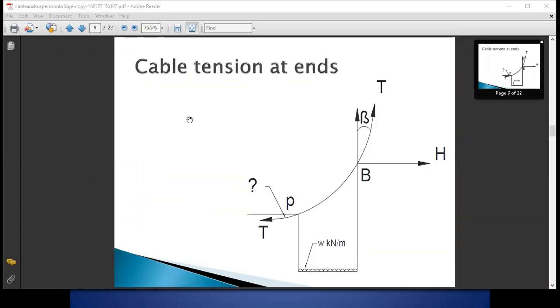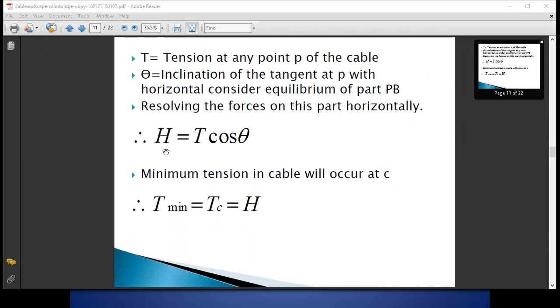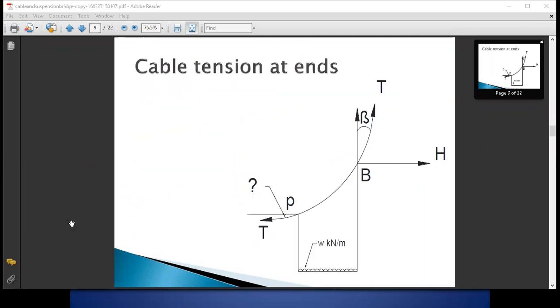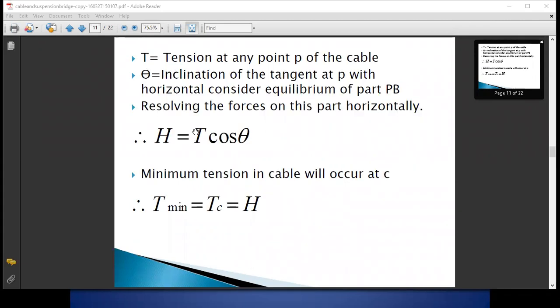In this diagram, at point P, okay, this is point P, and theta is the inclination of the tangent at P, means if you consider this is angle theta, okay, this angle is your theta, right?